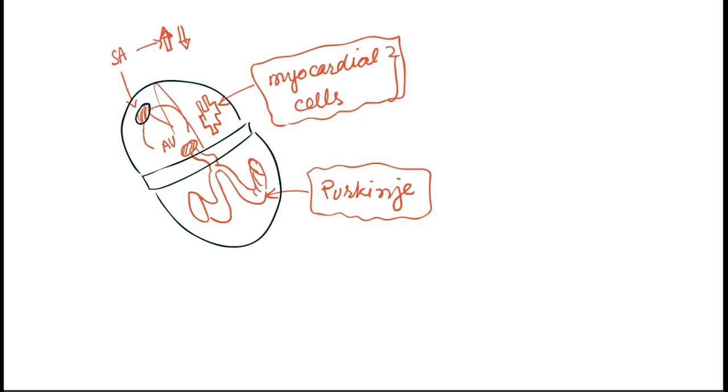So automaticity simply means a pacemaker activity anywhere in the heart by a tissue that is capable of being a pacemaker, and if that automaticity changes, then it will be called change in the automaticity, either enhanced or depressed.